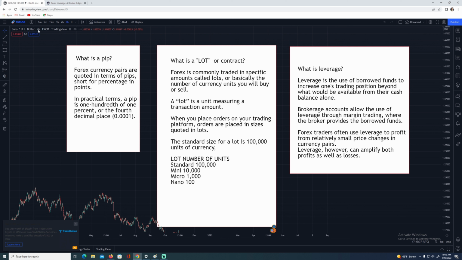You're gonna get $10, and now you just gotta see how many pesos you're getting per dollar. So let's say you're getting 20 pesos per dollar. If it goes up $10, that'll be 200 pesos. You're getting 200 pesos per pip.